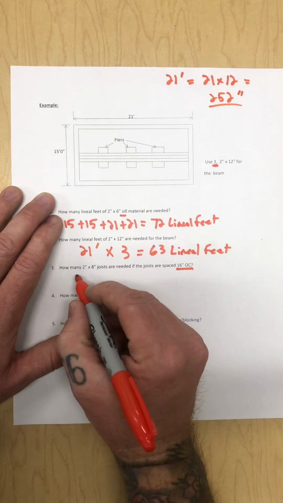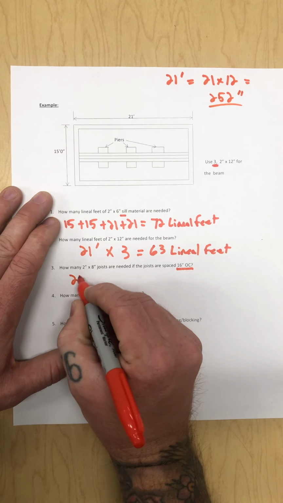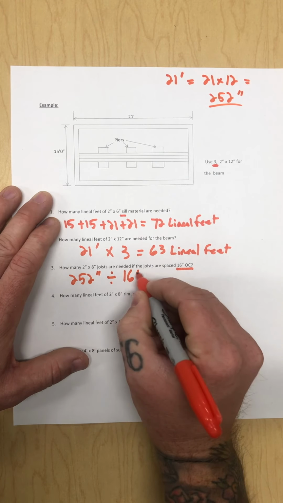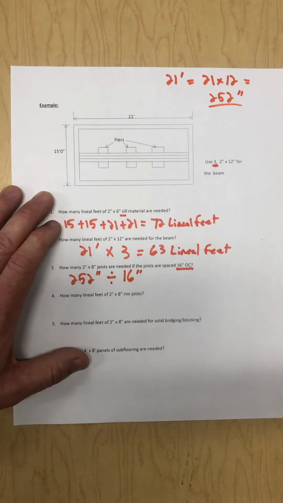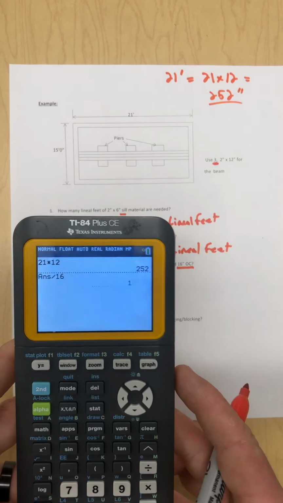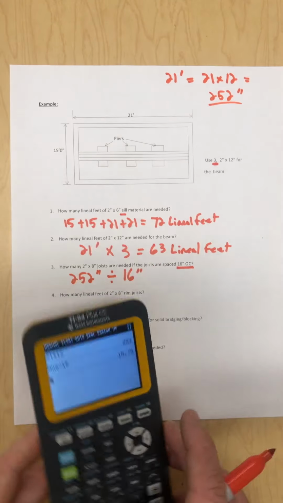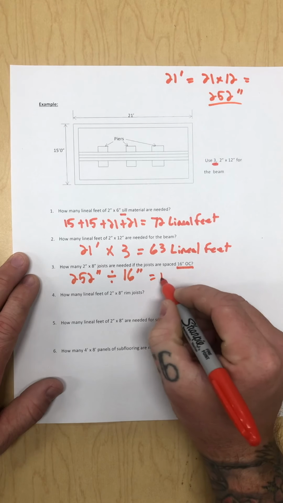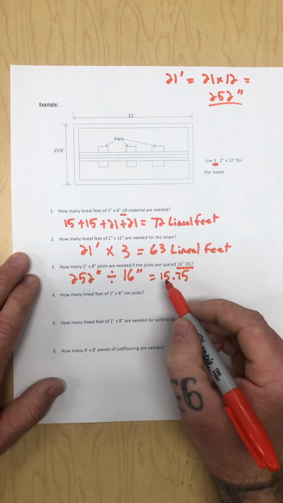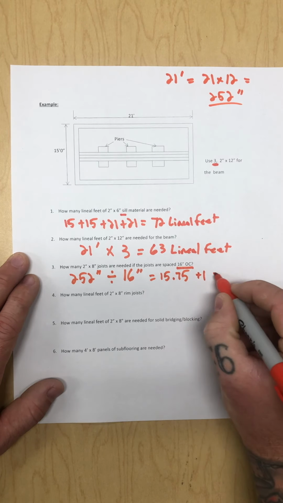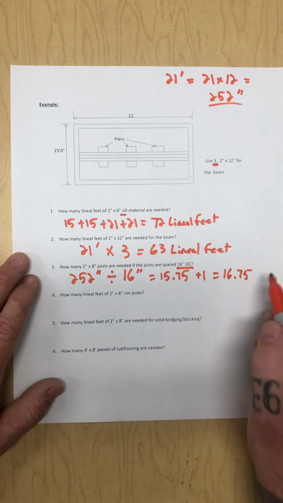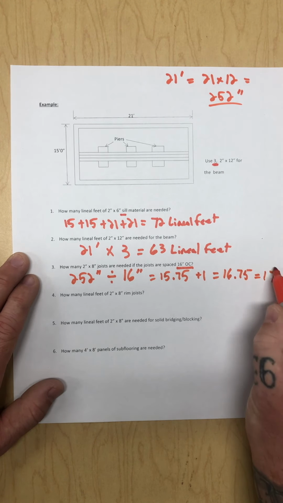Okay, so 252 inches. And we're going to divide by 16 inches because that's our spacing. So 252 divided by 16 is going to give you 15.75. And then we have to add 1 to this. So we have 16.75, but you can't have 0.75 of a joist, so we'll round to 17.